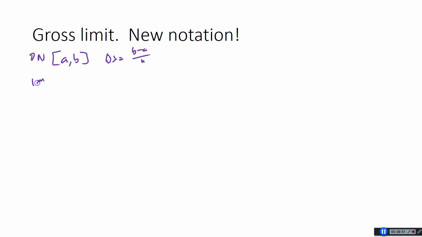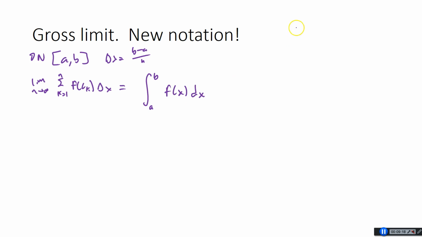So this limit, as n approaches infinity, sum from k equals 1 to n of f of c sub k times delta x. You don't have to know this limit at all. There's a couple homework problems about it, but that's the last time that you ever see it. So instead of writing this whole mess every time, we write this as what's called the definite integral from a to b of f of x dx.